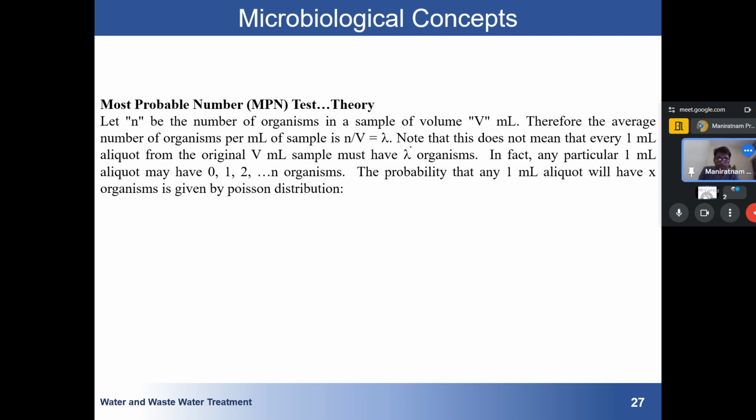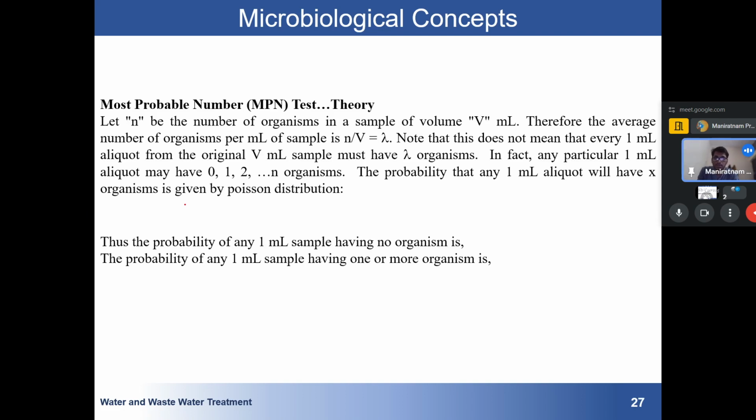Remember this statement. In fact, any particular 1 ml of liquid may have 0, 1, 2 or n organisms. We are just discussing probability. The probability that any 1 ml of liquid will have x organisms is given by the Poisson distribution.